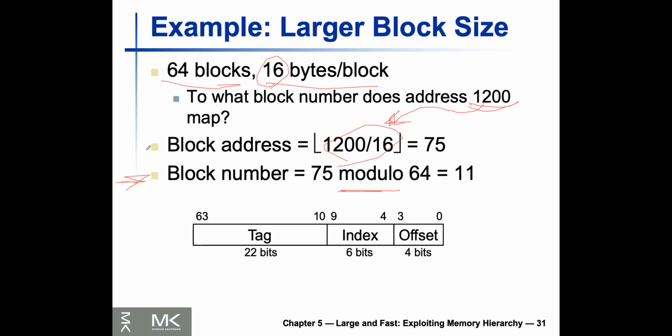Now the blocks are larger, it's a larger cache. So instead of 8, we have 64 blocks, so the resulting block is the mod by 64. And the remainder is 11, right? 75 mod 64 is 11. And then you understand that address 1200 will be mapped to block 11, all right? Is that clear?